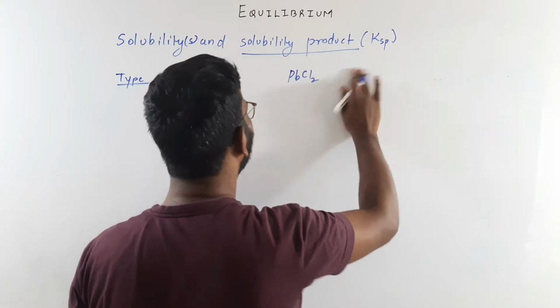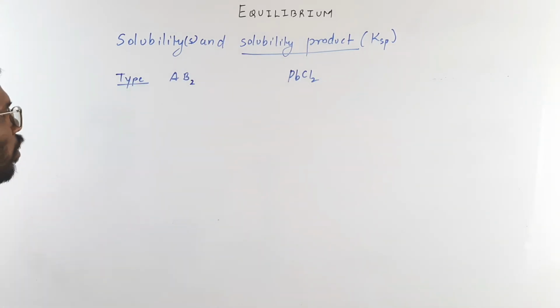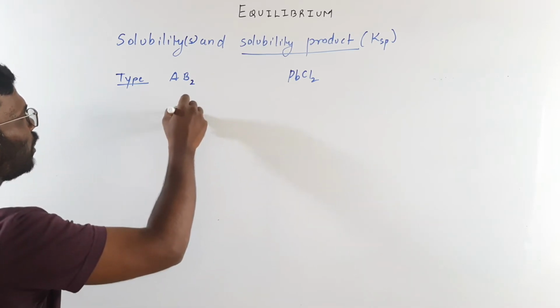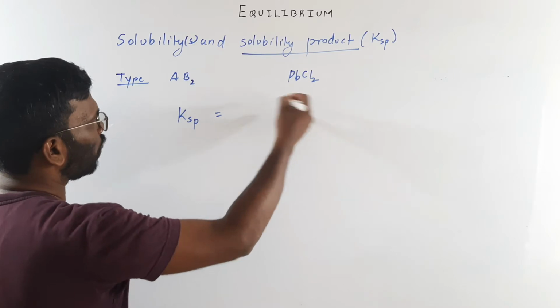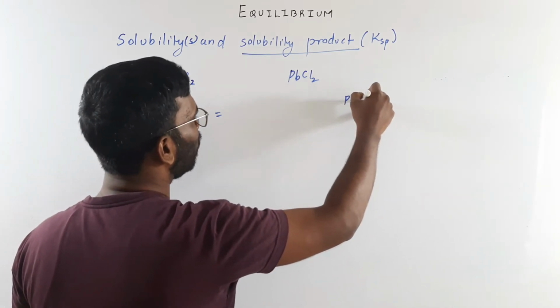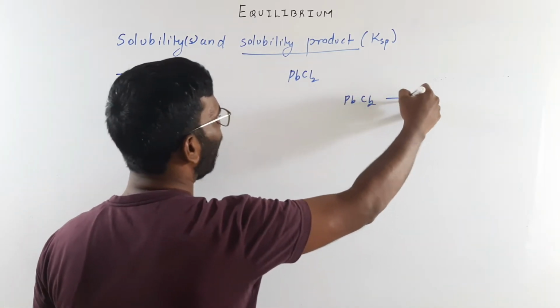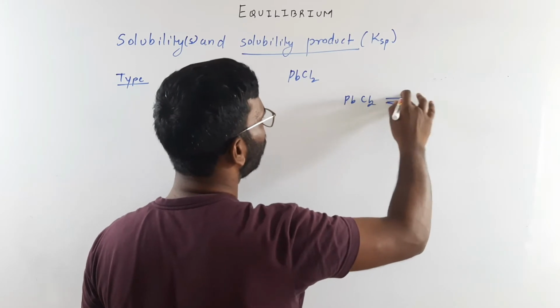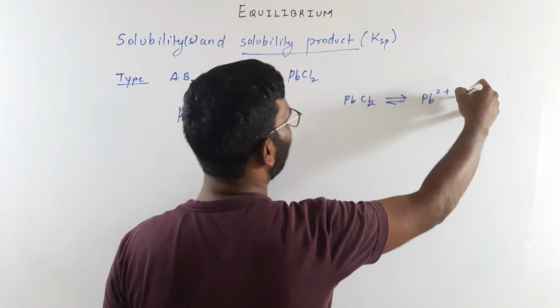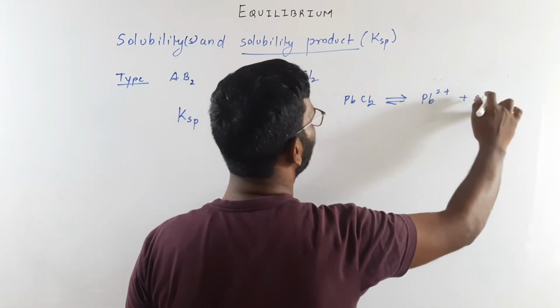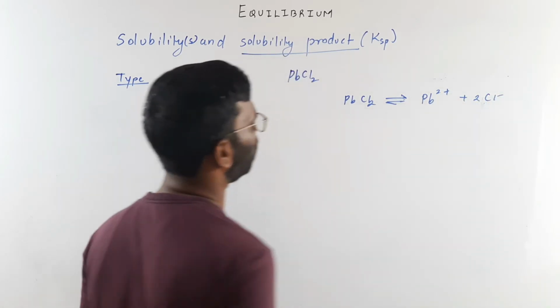We can take this example, PbCl2. Here the solubility product, KSP, we will be writing like this: PbCl2 is going to split, as it is sparingly soluble, so I should show this type of arrows. So this is Pb2 plus and 2Cl minus.